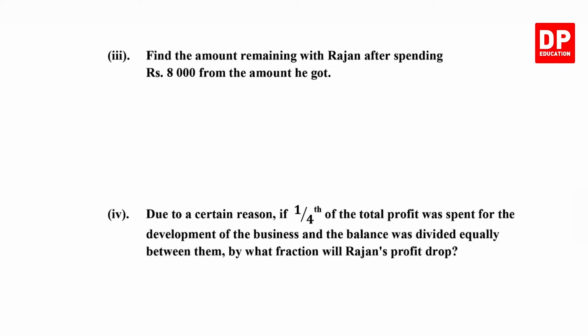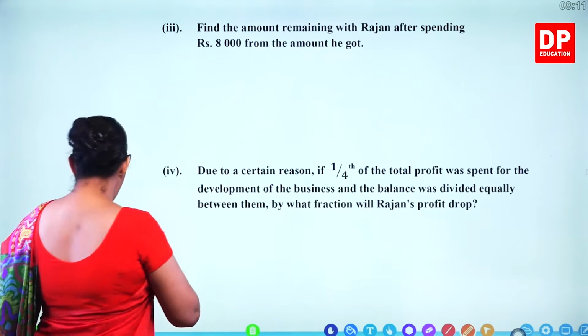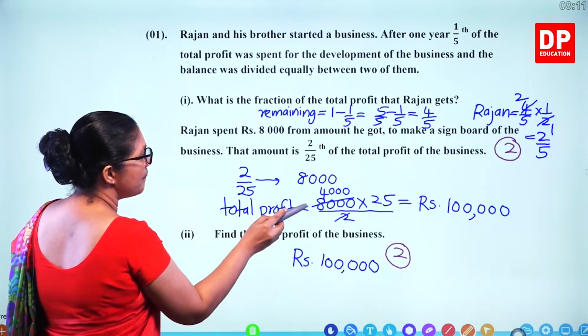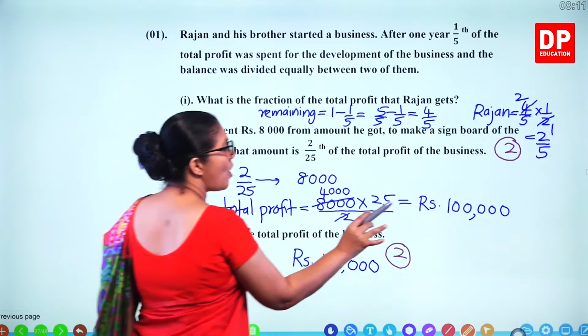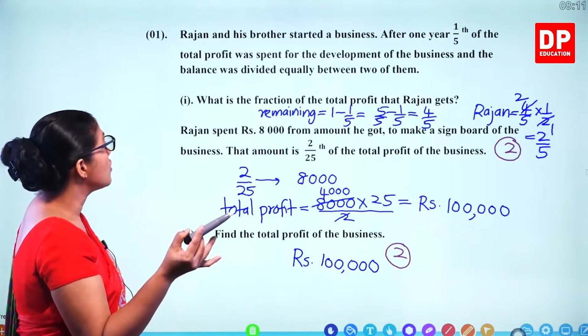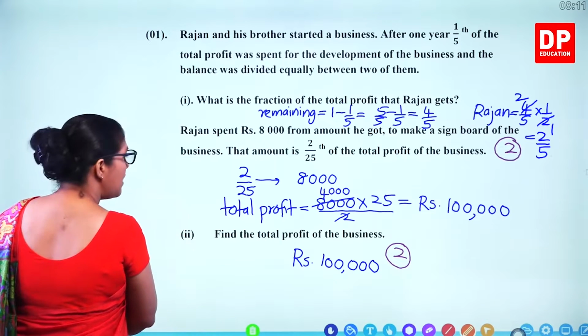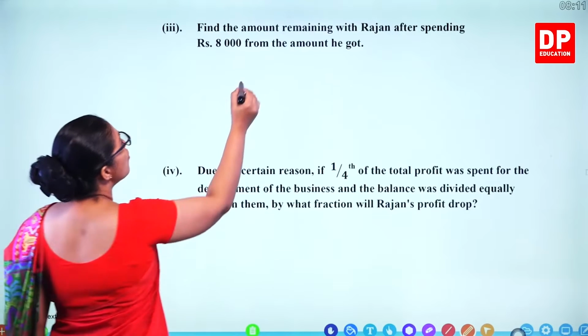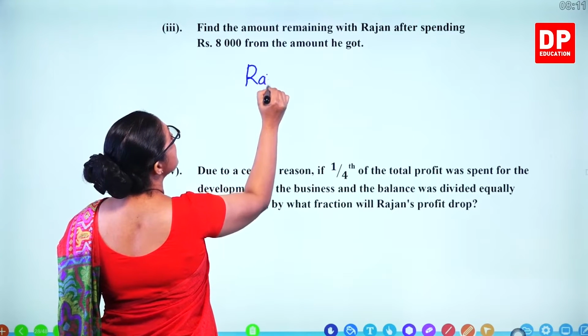Find the amount remaining with Rajan after spending 8,000 from the amount he got. No, we didn't find the amount he got. First we have to find the amount that Rajan gets, and then subtract 8,000 from that. So what's the amount that Rajan gets?